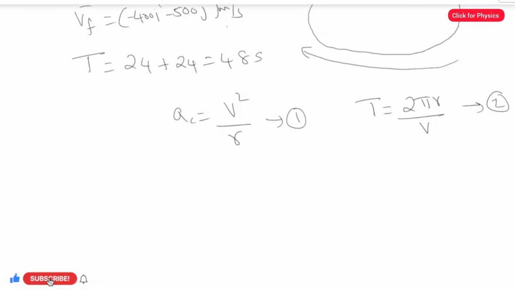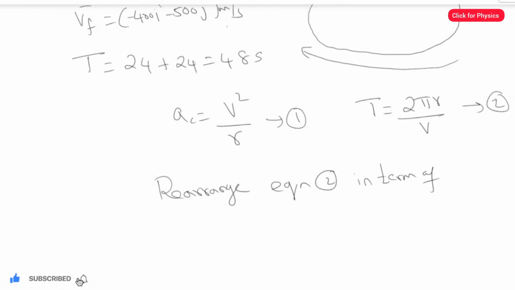Now I'm going to rearrange equation 2 in terms of radius r.